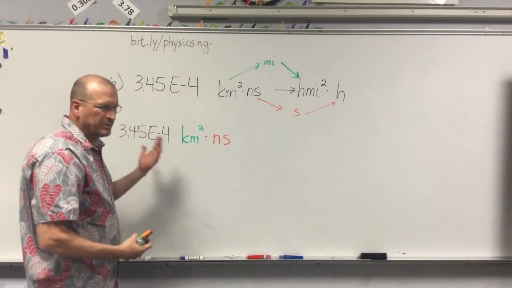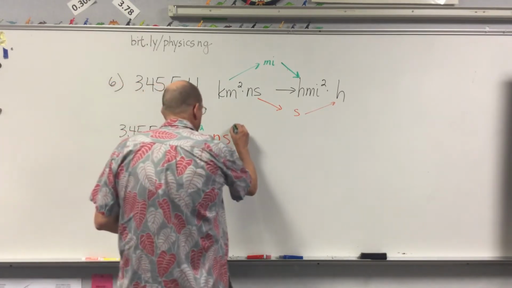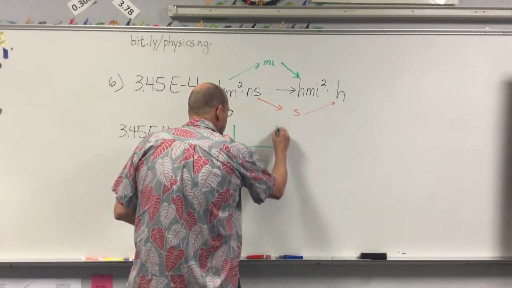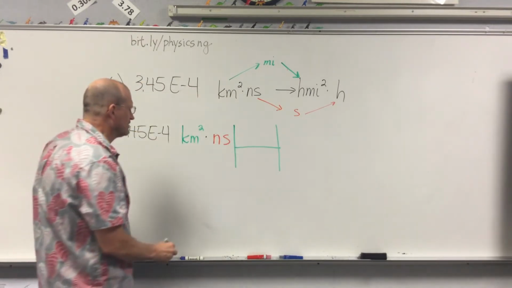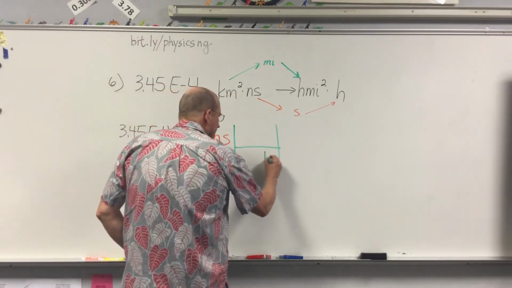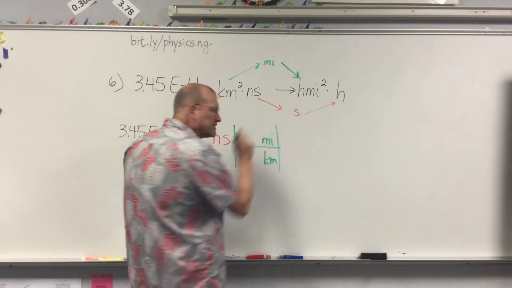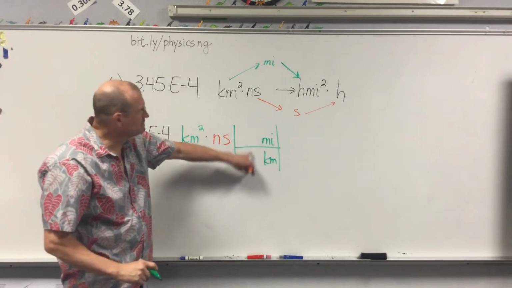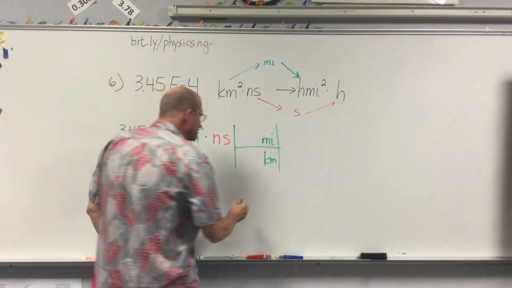Again, because we read left to right, most people would attack the kilometers first. So I start my string of magic H's here. Now I need to get to hectomiles, so that means I need my kilometers to cancel, and I can convert that to whatever I want, but if I remember my kilometer mile conversion, I'm good to go there.